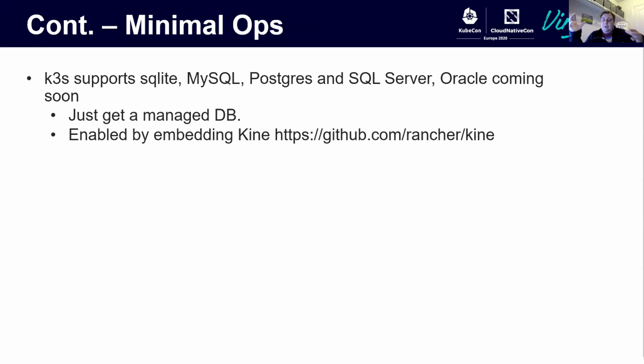You have to worry about losing quorum and stuff like that. So K3s introduces other options for the data store, because we recognize that's the biggest operational headache of running Kubernetes: running etcd. We support embedded SQLite, and MySQL and Postgres for an external database. SQL Server and Oracle are coming soon.